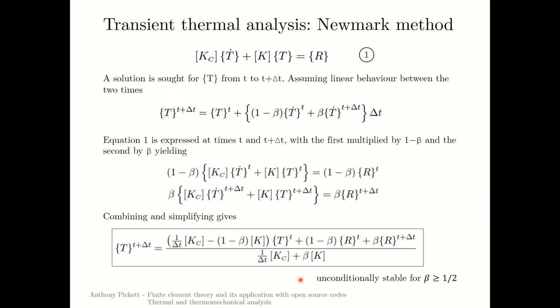It's so-called conditionally stable if this beta is greater than or equal to 1/2. That means we can use, theoretically, any time step and the solution should be stable.